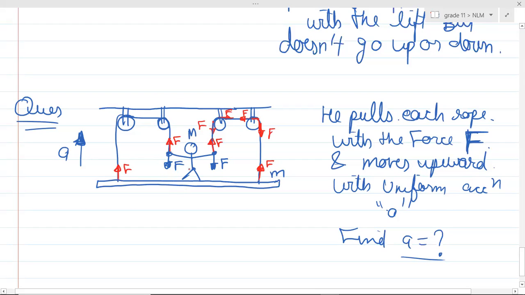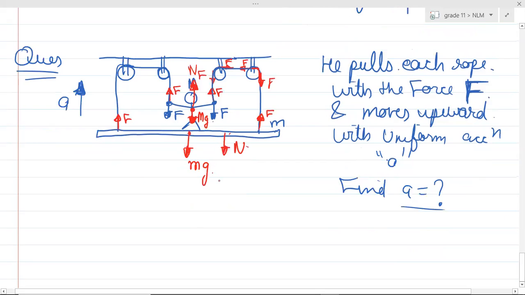After this, this man has a weight downwards, capital Mg, and this platform will try to push this man upwards with capital N. The same capital N will be applied on this platform in the downward direction, and this platform has a small mg weight downwards.